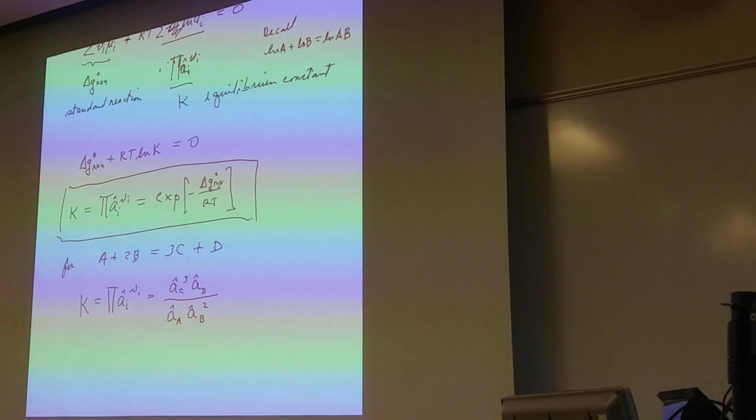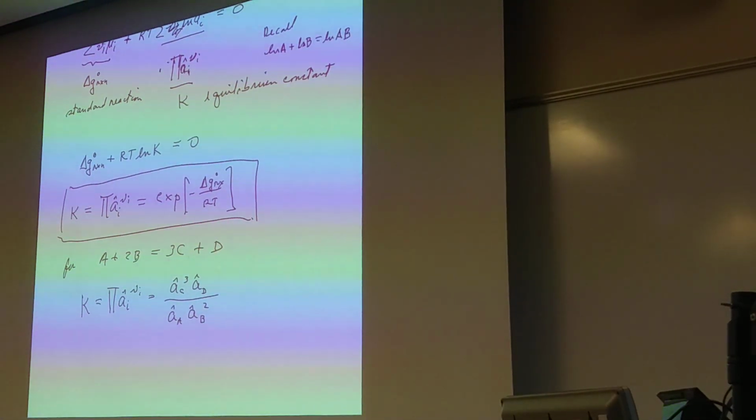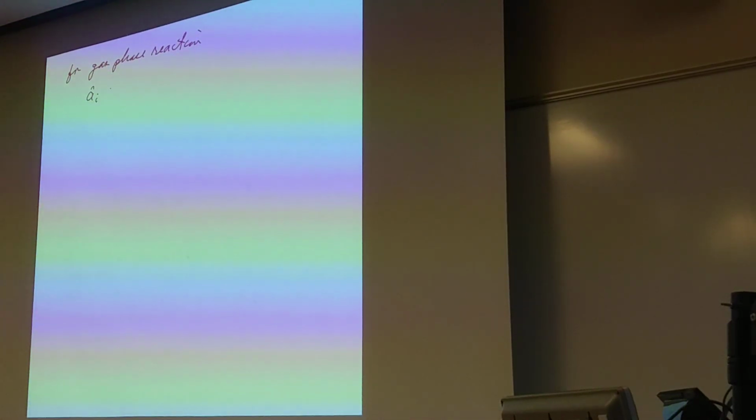So I have to go to the next page now. Let's assume it was a gas phase reaction. And that means that I can write down for each of the activities the mole fraction times the fugacity coefficient times the pressure.